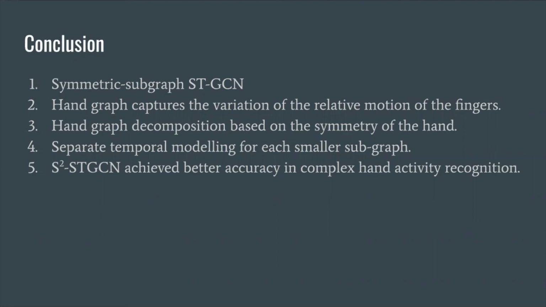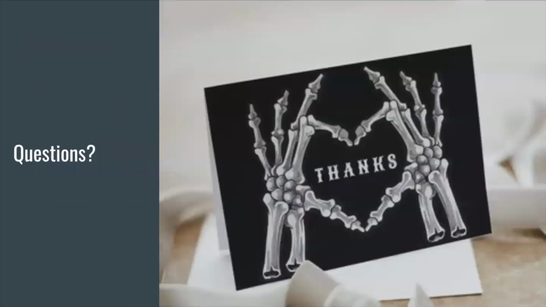We decompose the hand graph, exploiting its interesting properties like bipartition and symmetry. Thus we designed this F-ST-GCN, which achieved better accuracy in complex hand activity recognition with better stability in its model. Thank you.